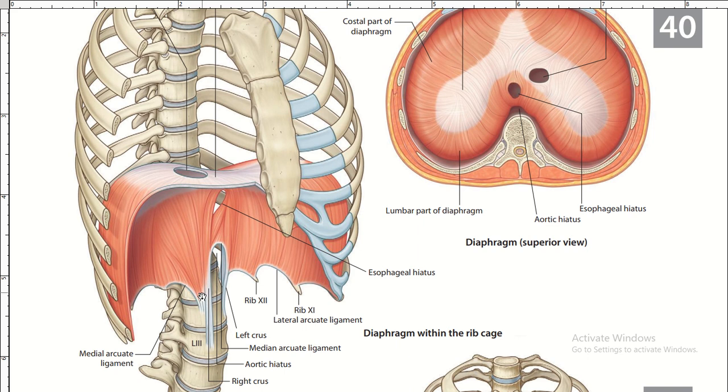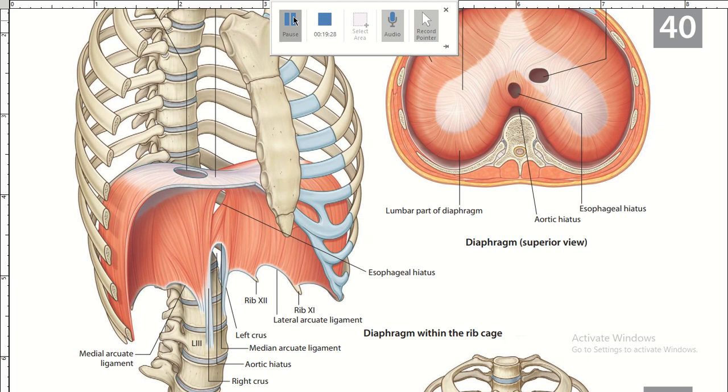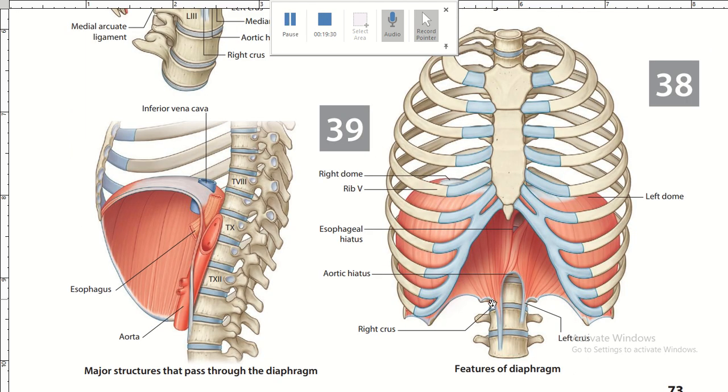The first S is your sympathetic splanchnic nerves. They will pierce the crura right here, entering the abdomen.